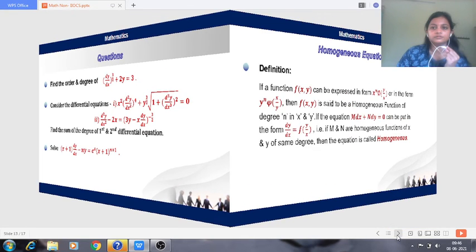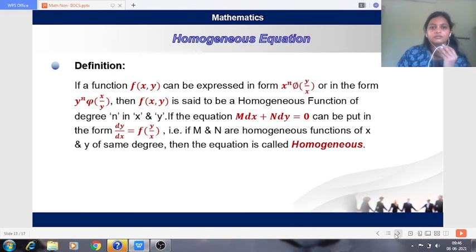Now let's start with the homogeneous equation. First we see what a homogeneous equation is.